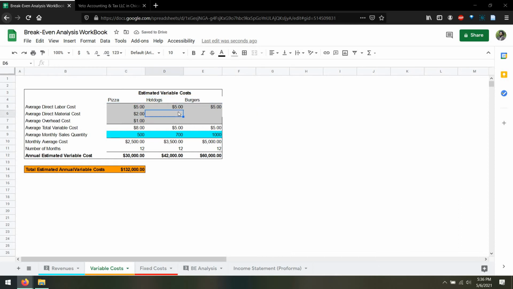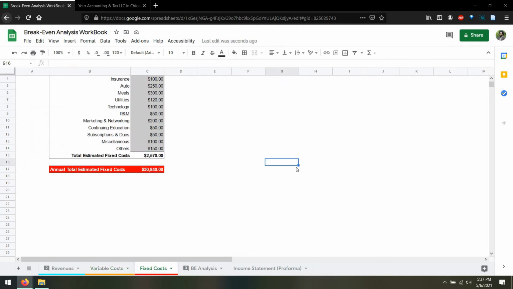Okay, so for the hot dogs, $1 and $1 assigned to it. Let's do 50 cents. And then for the burger, we have 2.5 here, and we have about 1.5 for the overhead cost. So the average cost to produce and sell each one of these products is below here.